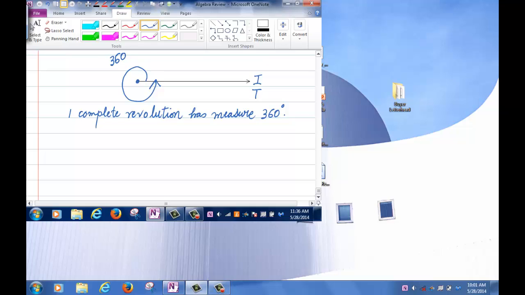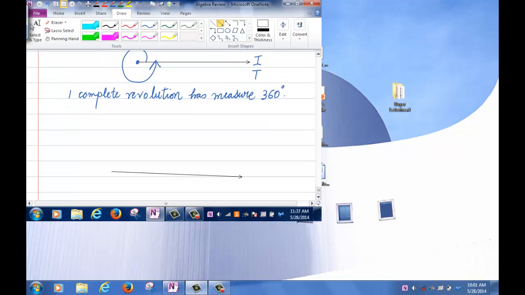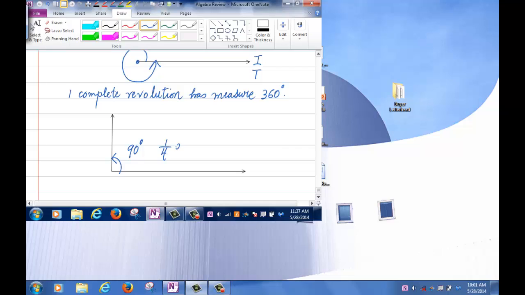So notice that if I have 1/4 revolution, this is 90 degrees. 90 degrees means 1/4 of one revolution.